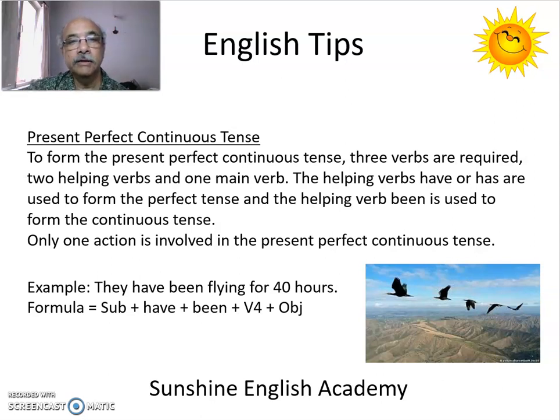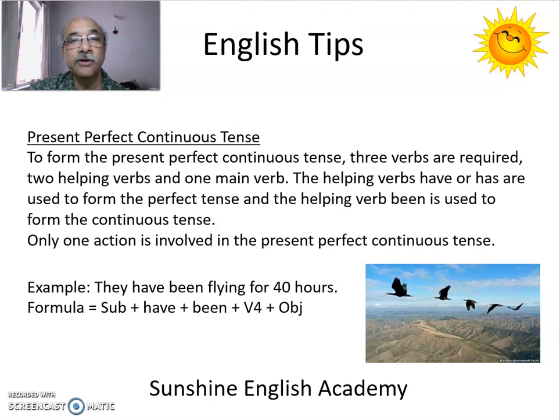Now, in the present perfect continuous tense, only one action is involved. Our example is they have been flying for 40 hours. By they, we are referring to these birds. They have been flying for 40 hours. Now, does the sentence say till when they have been flying?